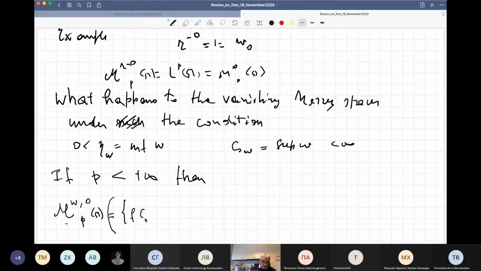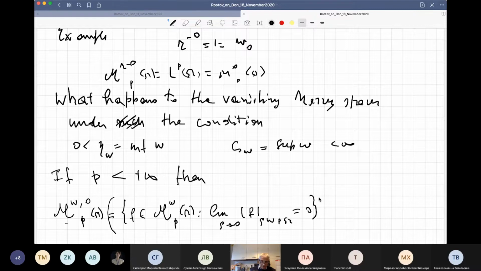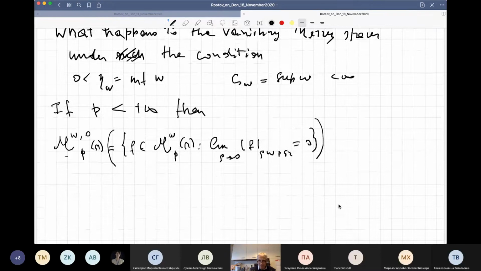The set of F's in Morrey W P omega such that the limit as rho tends to 0 of the norm of F in W P omega goes to 0. Okay, this was the space here. And we have not really justified yet why this space is important, but we will do it, I guess, next lecture, next week. This is just a definition, which I reminded for you. So the statement to be proved is this one.